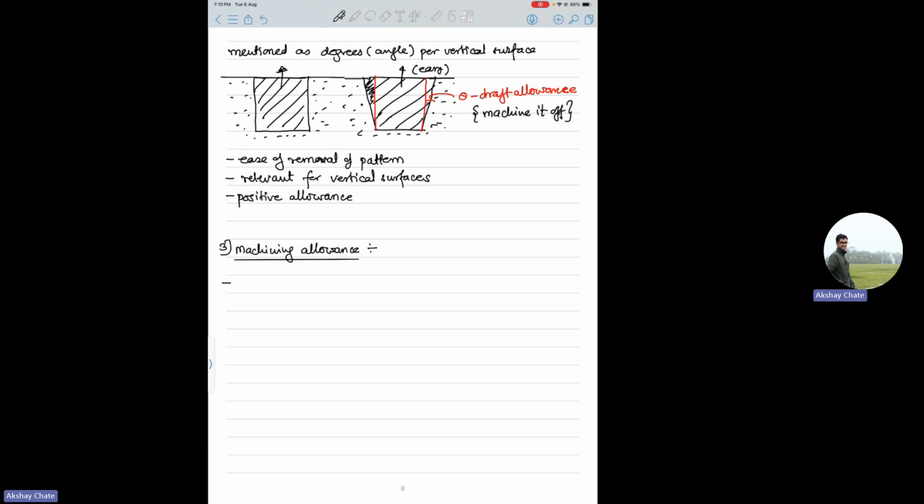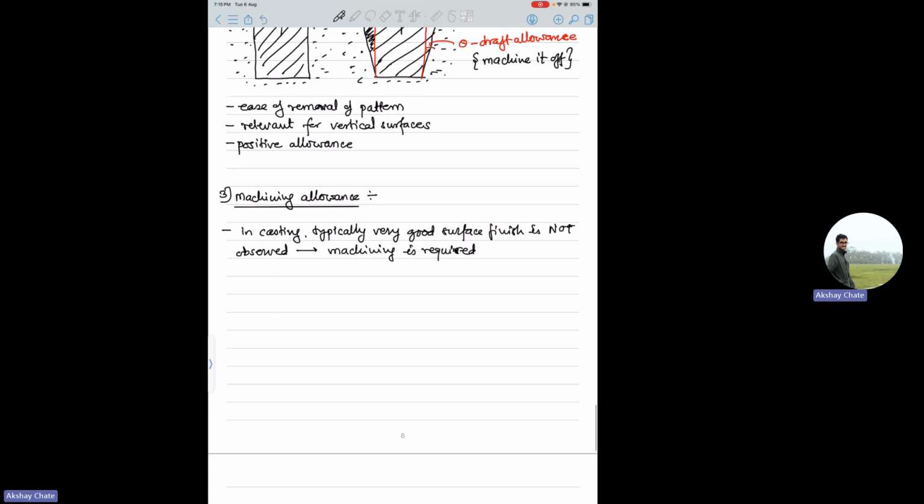In casting, typically very good surface finish is not observed. Okay, so you'll get average kind of surface finish, and then machining is required, like buffing or that kind of thing, and therefore you give the allowance.